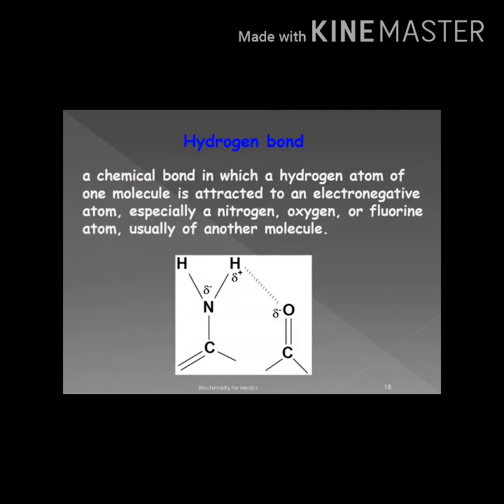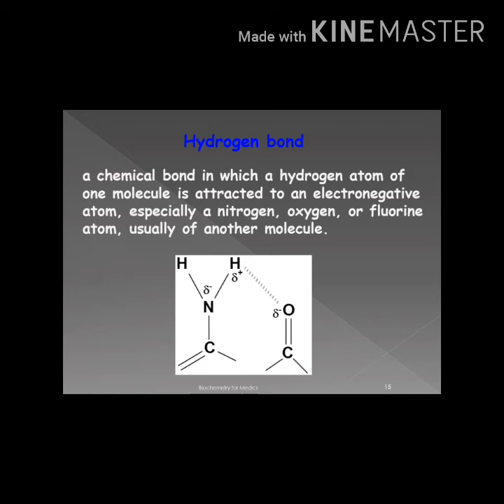Now the fundamental bond which is making complementarity between nitrogen bases is the hydrogen bond. It is a chemical bond in which the hydrogen atom of one molecule, or one nitrogen base, is attracted to an electronegative atom, especially nitrogen, oxygen or fluorine, of another molecule present in its vicinity.